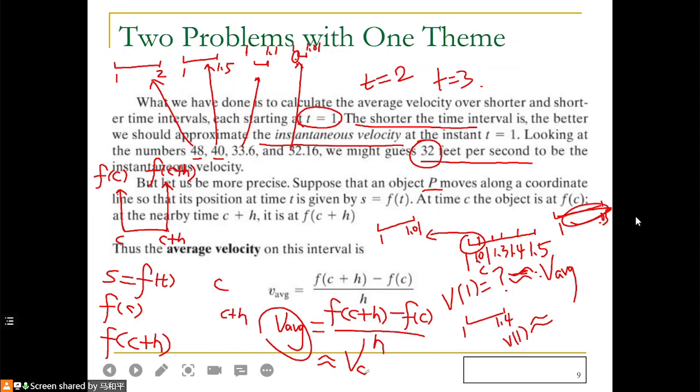But how do we find the accurate number of V of c?